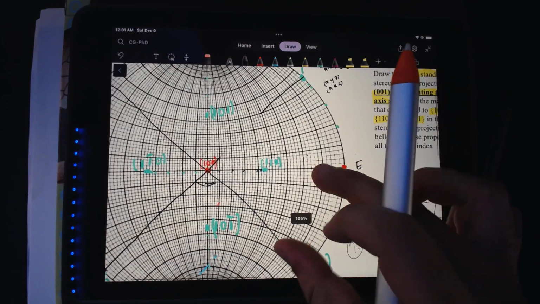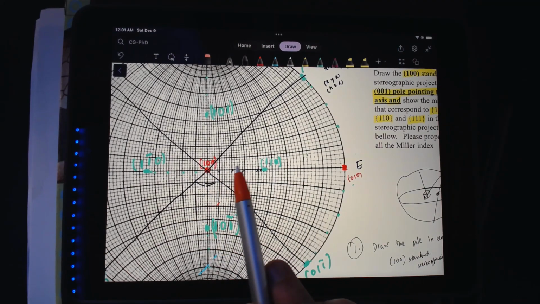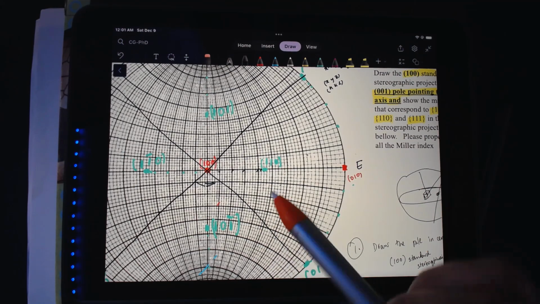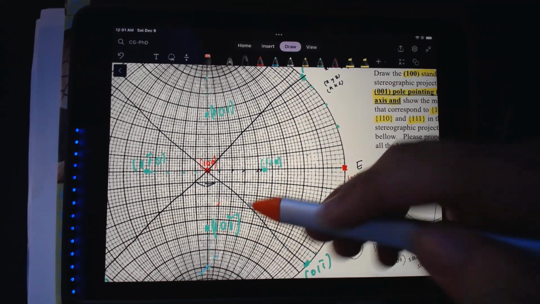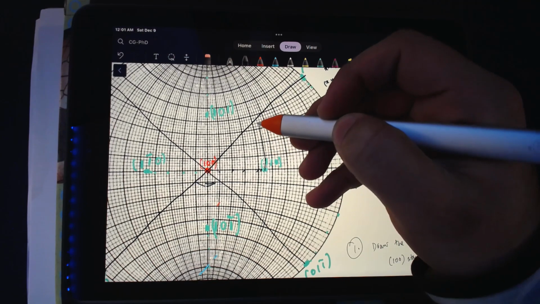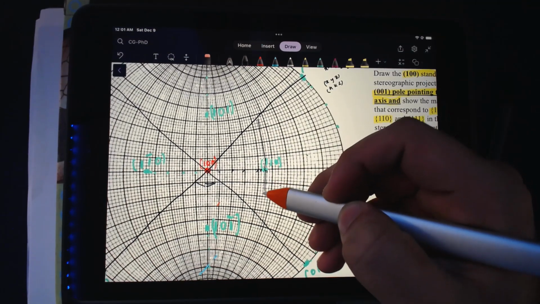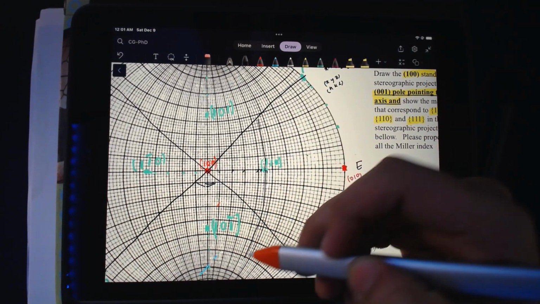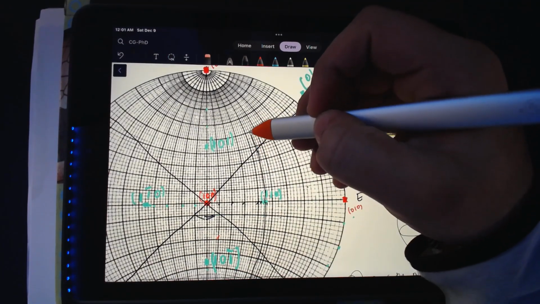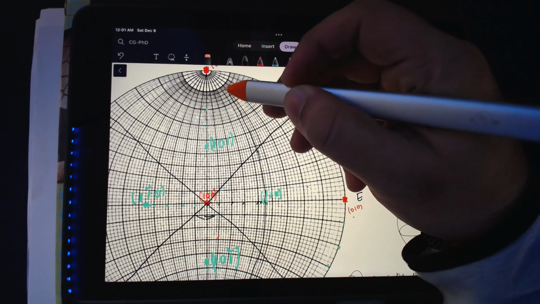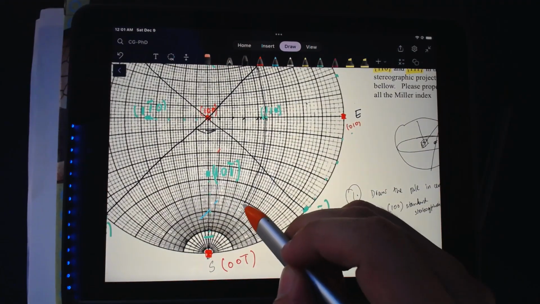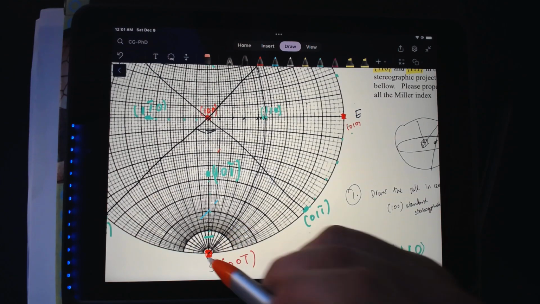Here's a quick trick. We counted the 45 degrees from 1, 0, 0, which was the center, to 1, 1, 0. Now, the interesting thing with these projections is that any point on this entire great circle will be at 45 degrees from the center. You see how I'm drawing this great circle, which goes all the way from north to the south.